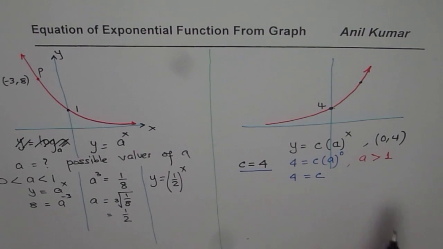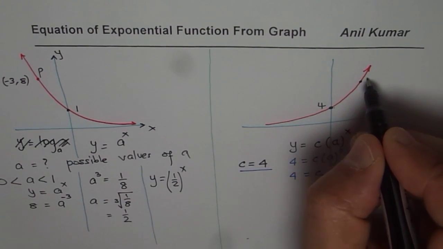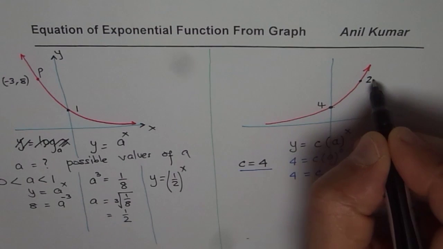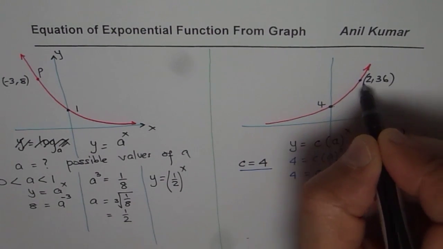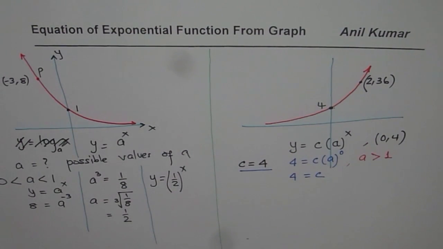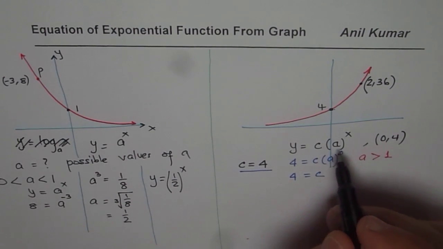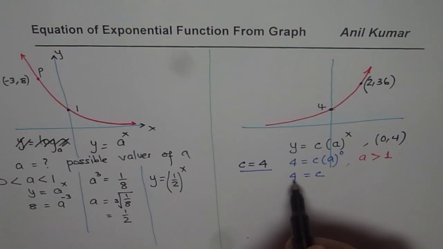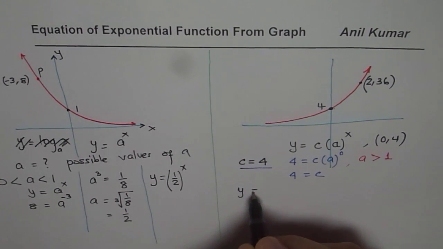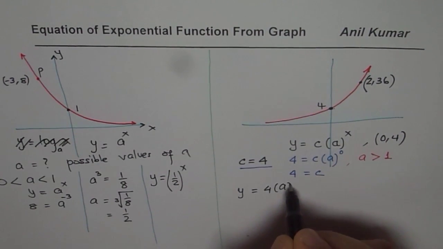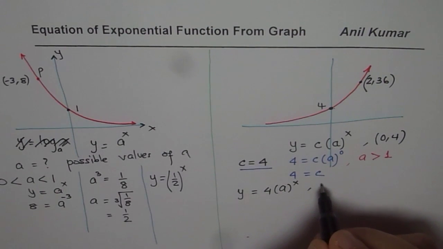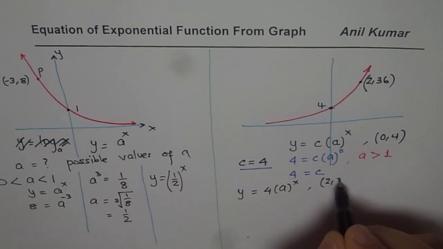Now let's take another point. Let me take this point as (2, 36), for example. So (2, 36) is my point on the graph, and we need to find the value of a. We already know c is 4. So since c is 4, let me write the equation now as y equals 4 a to the power of x, and the point given to us is (2, 36).